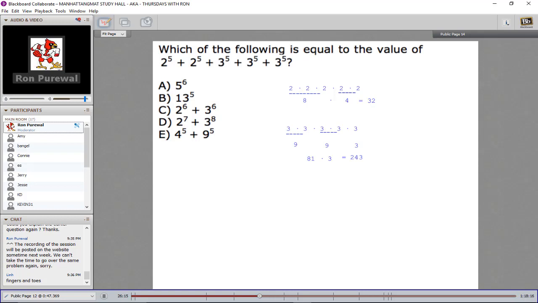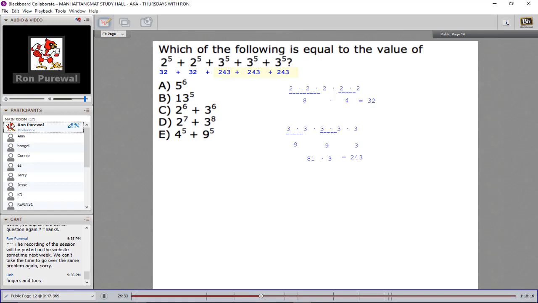So this is 32 plus 32 plus 32 plus 243 plus 243. Wow, how big is that?